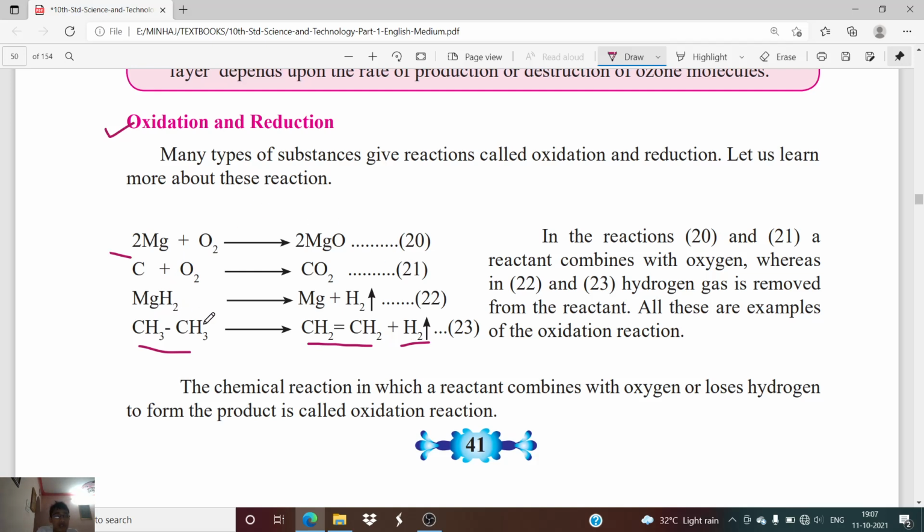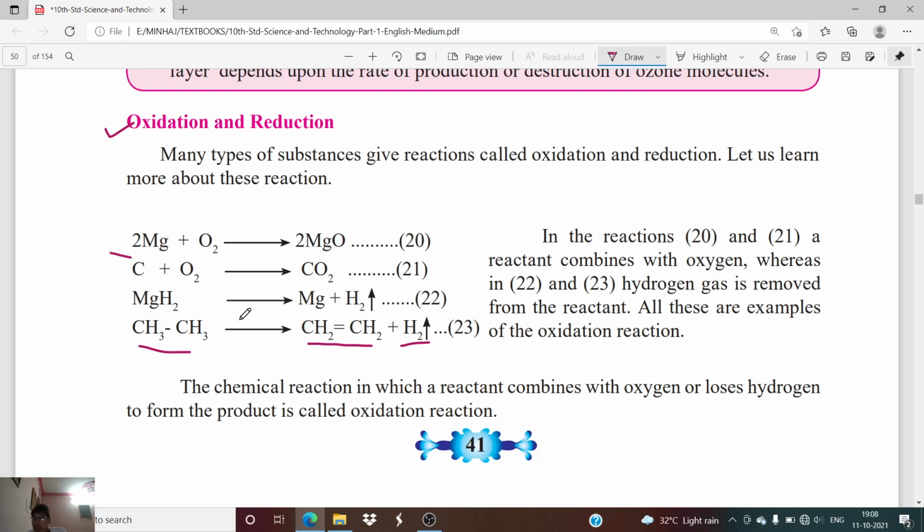Now, in all these four reactions, you will observe certain things. In the first reaction, oxygen is gained, or oxygen is combined with the element magnesium. In the second reaction also, oxygen is combined with carbon to give us carbon dioxide.